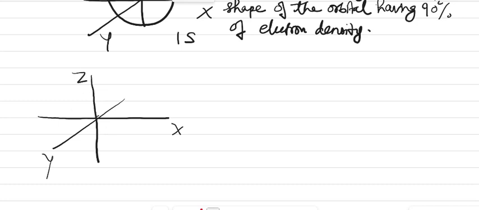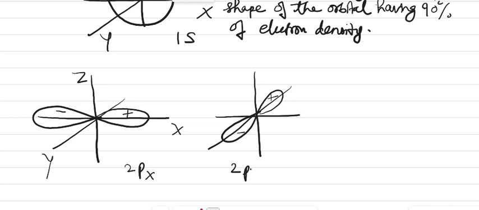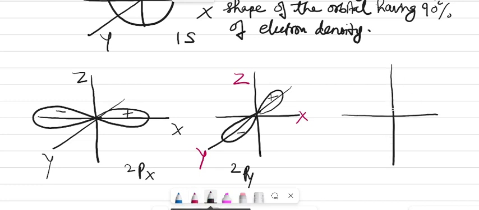This is the 2px orbital. Similarly, 2py along the y axis and 2pz, which is along the z axis.